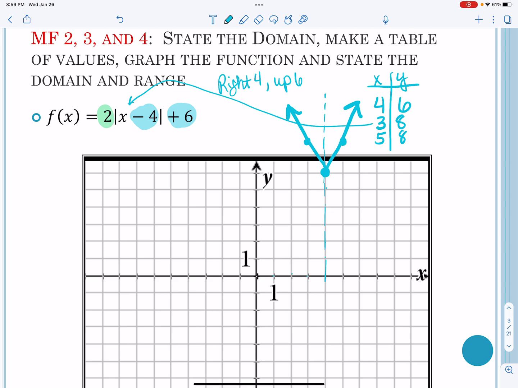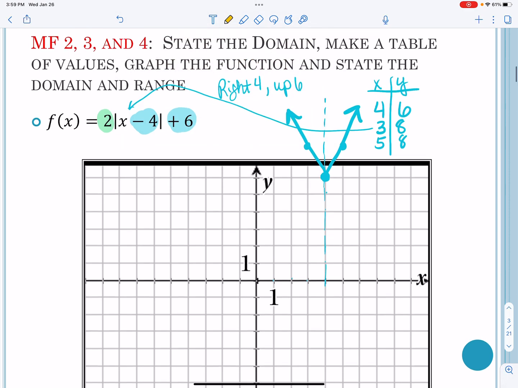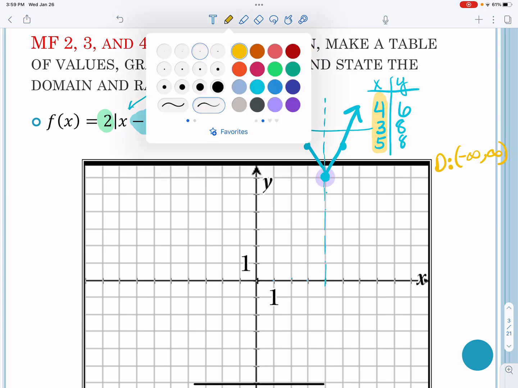Okay, it wants me to make a table of values and state the domain and the range. So if we look at the domain, it is looking at all of your x's. Can I put anything into there? Yes. So the domain, it's an absolute value, is negative infinity to infinity. Okay, your range, you're going to look at the bottom of this absolute value.